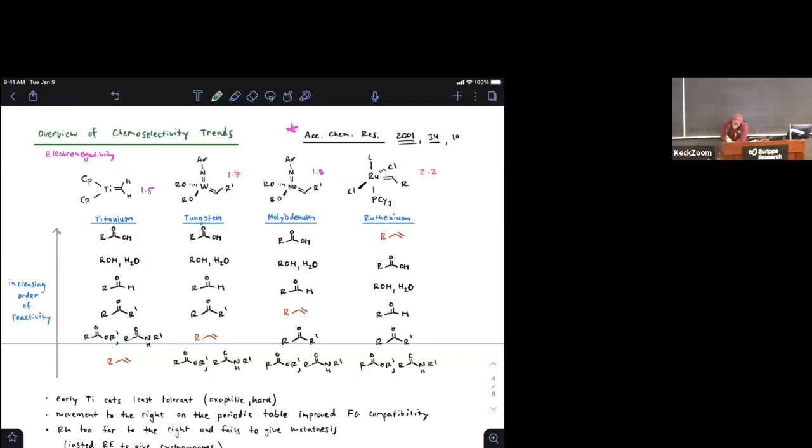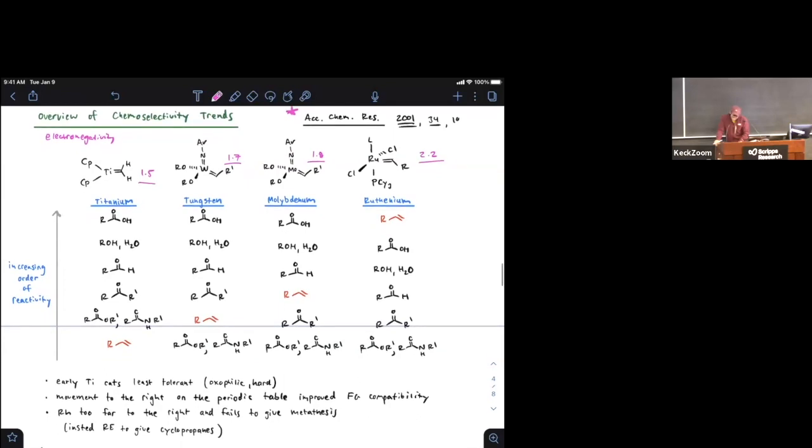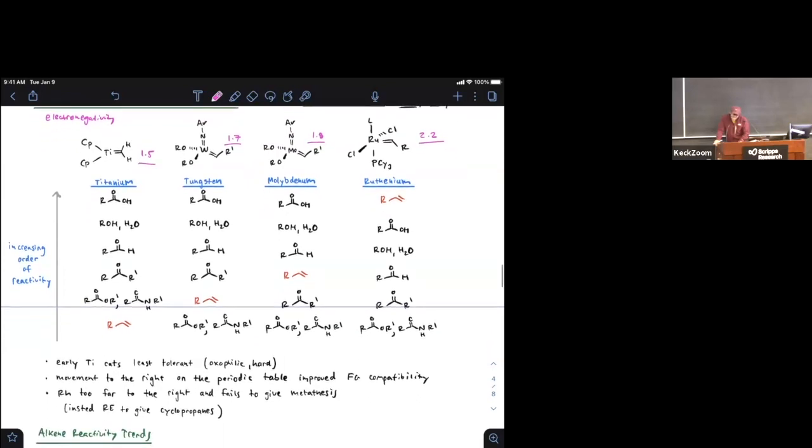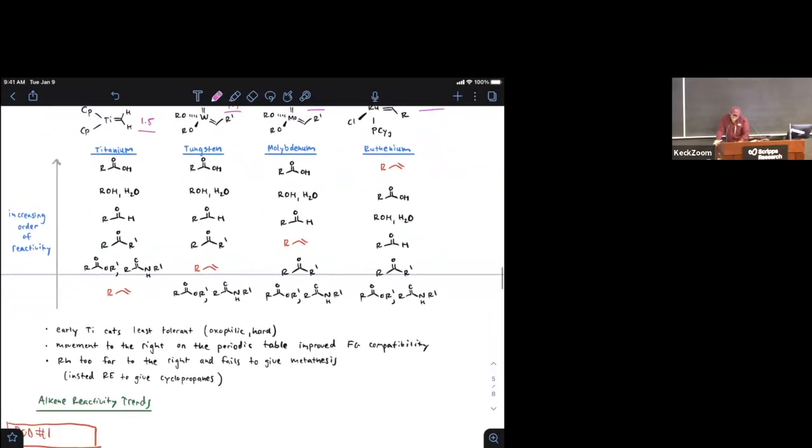This reactivity trend, you can view as being a consequence of the electronegativities of the corresponding metals, reflecting themes that we've seen again and again in the class of early transition metals reacting quite preferentially with heteroatom-based functional groups, due to the way the carbon-metal bond is polarized.